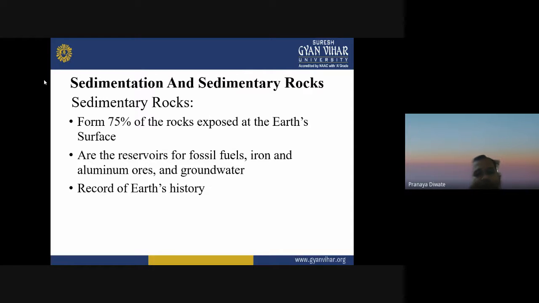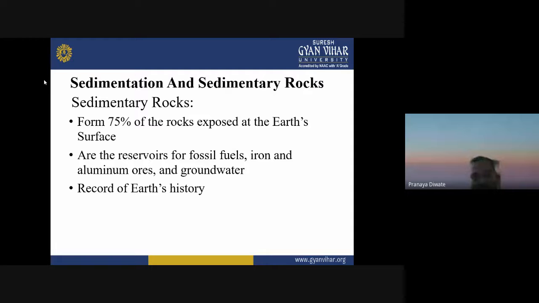It mostly occurs in the superficial part. So this is why you have more sedimentary rock exposed on the earth.